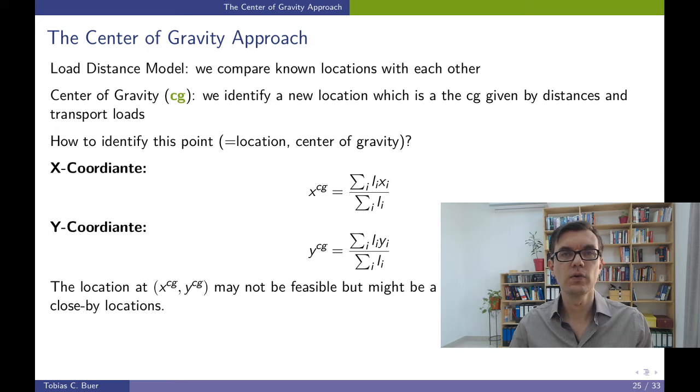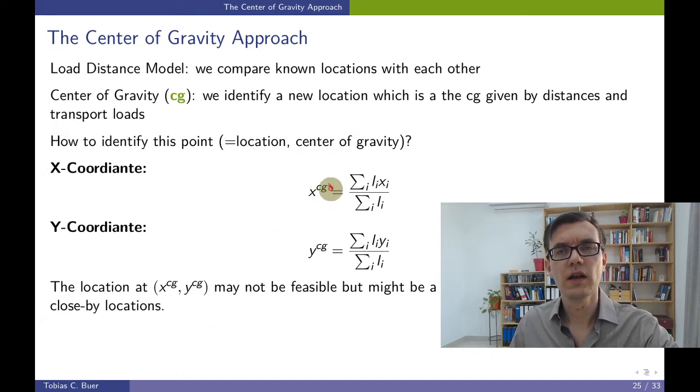And how to do this? We try to find the x and y coordinates of a new location by, similar to the load distance model, performing a weighting of the load that we need to transport to a coordinate.